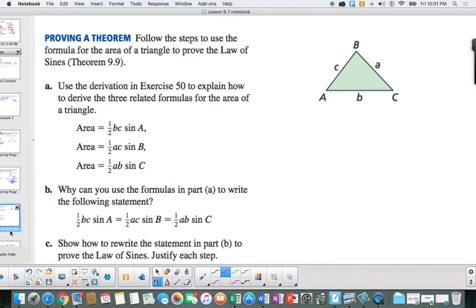Okay, let's take a look at using this formula to help us derive the law of sines. So here's our picture again, and we have all of these areas that work depending on which angle we use. So these are all areas of the same triangle. And so what I'm going to do is set them all equal to each other.